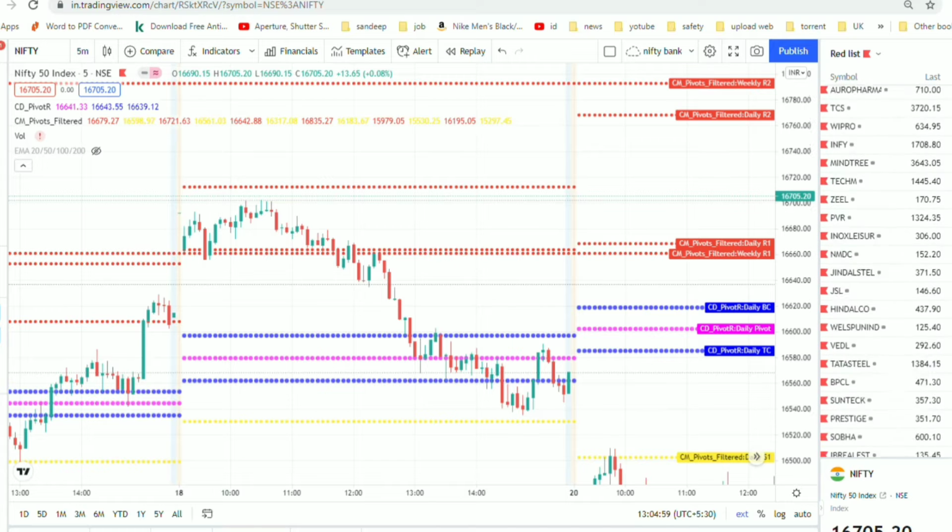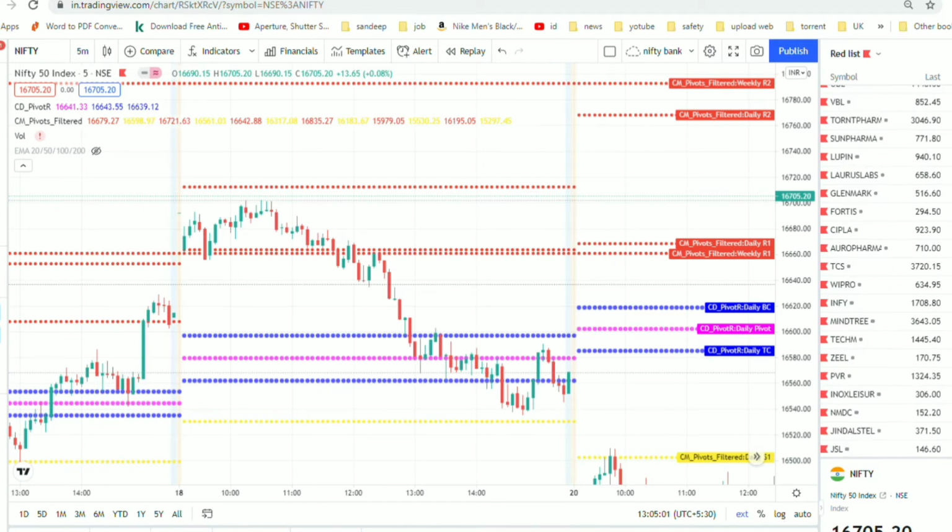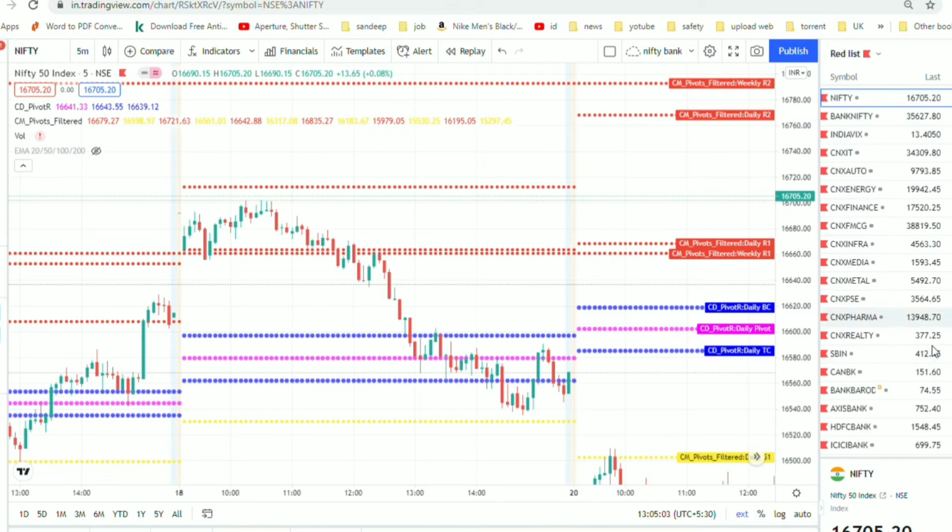These are all my main stocks, and apart from this I have some other stocks where I work based on breakout patterns and chart patterns. So I use a combination of my own strategies and the breakout patterns for the stocks.